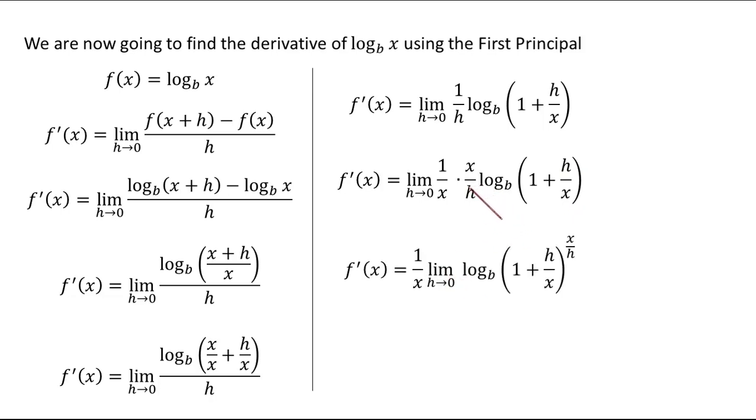And anything written just before log can be taken as the power. So it becomes 1 upon x, limit of h tends to 0, log of (1 plus h upon x) the whole raised to x upon h. Remember, we have taken any particular base b. So we can take this log b also outside because that is independent of h.